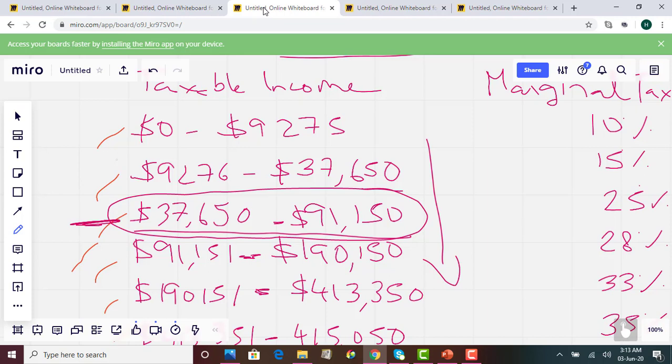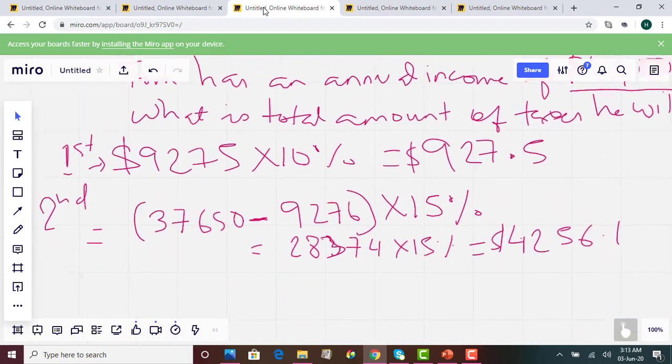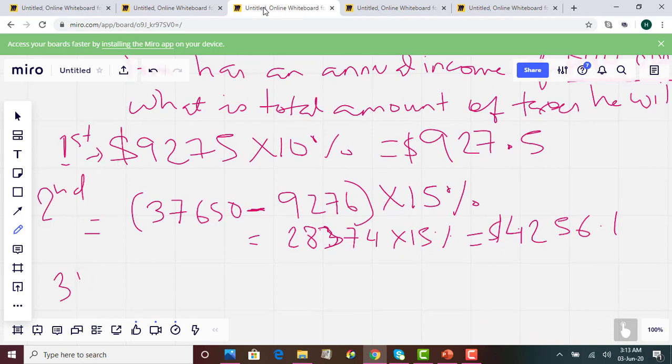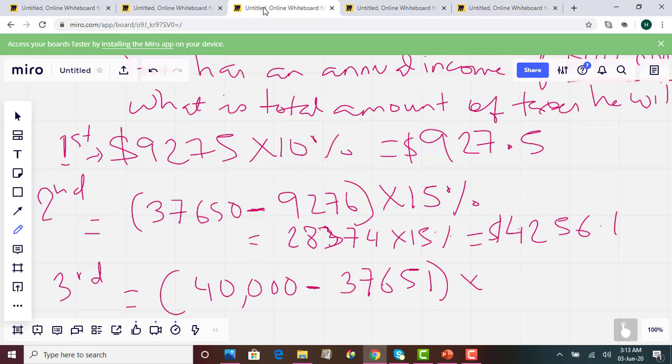So we are going to use the maximum income he's making, which is 40,000. That's the income he's earning, minus the lower level 37,651, times the marginal tax rate in that layer, which is 25%. We are using 40,000 here because that's the total income.